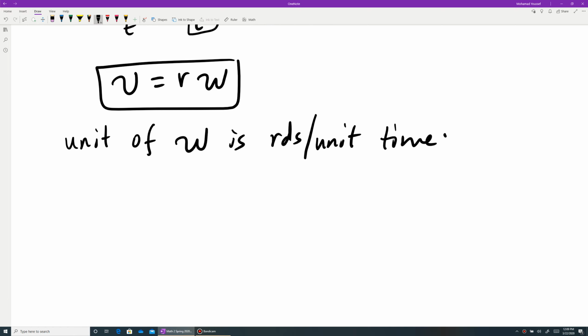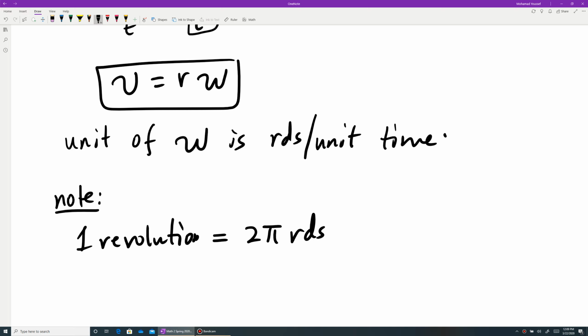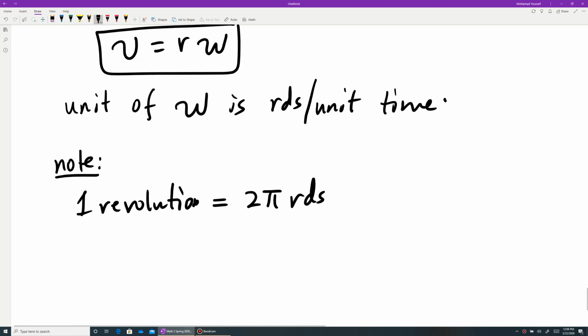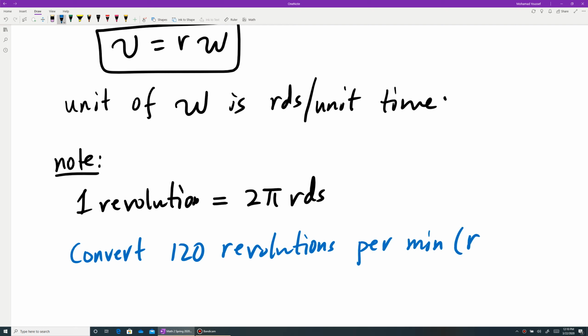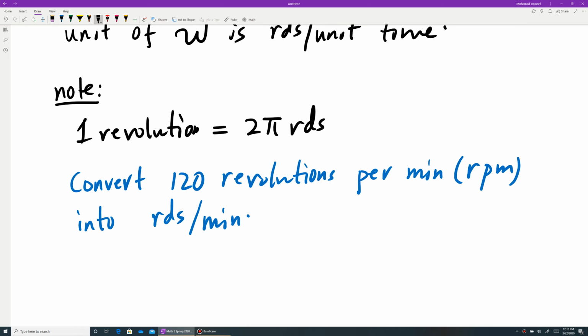One quick note, one revolution is 2 pi radians. Keep that in mind. So if they ask us to convert 120 revolutions per minute, RPM abbreviation, into radians per minute, the way this is done, I write that down.